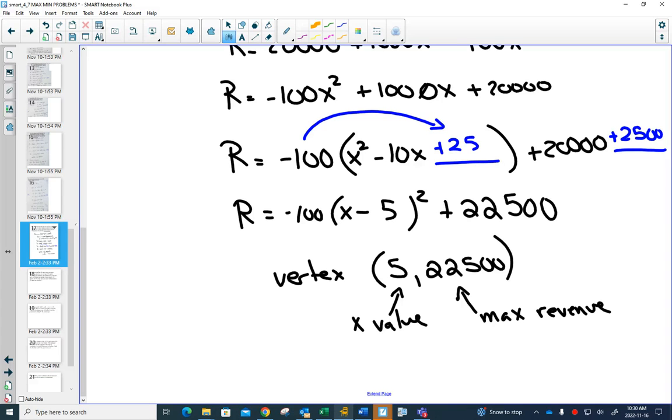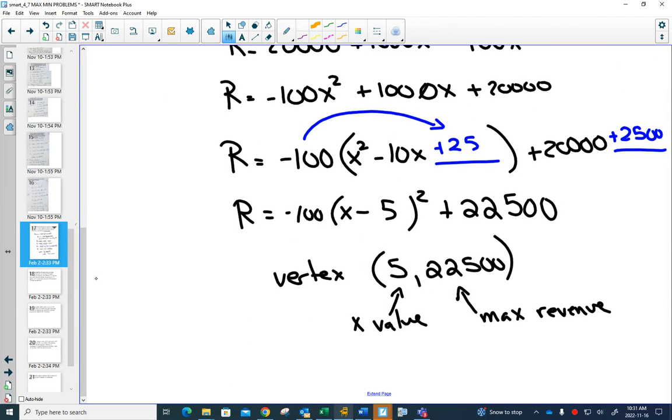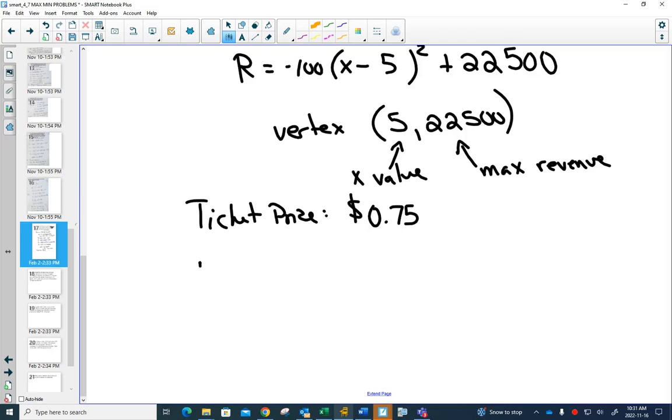So now we can go back to our words and write out everything that we know. We can say what the ticket price is. The ticket price means you need to subtract 5 cents 5 times. Ticket price would be 75 cents. The number sold, you would have to add 2,000 5 times. 2,000 5 times would be 10,000.